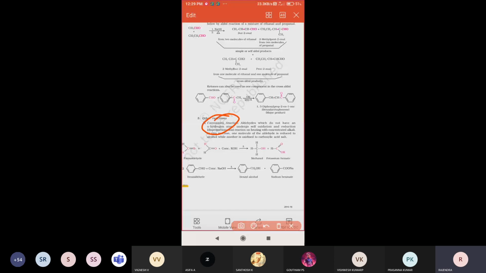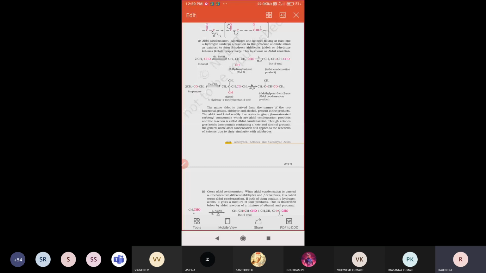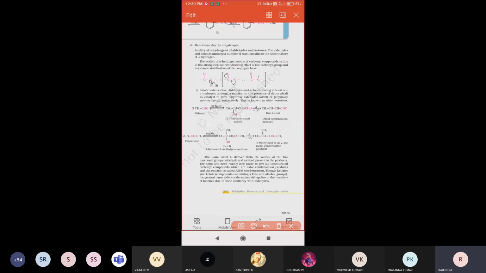Aldol condensation needs an alpha hydrogen atom, whereas the Cannizzaro reaction takes place without any alpha hydrogen atom.